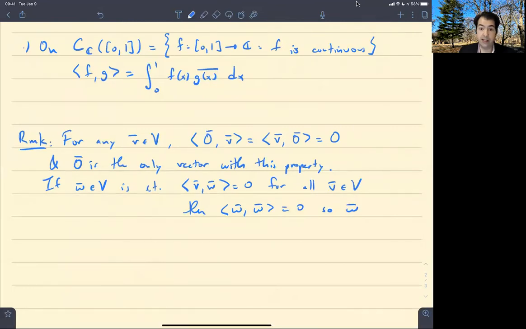So by the definition of inner product, w has to be 0. Okay, so 0 is the only vector against which you always get 0 inner product.